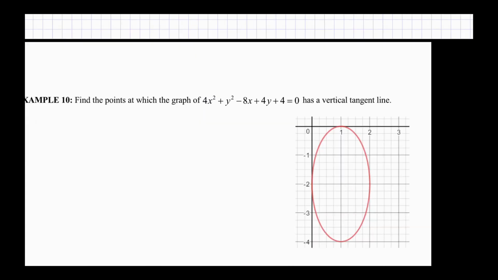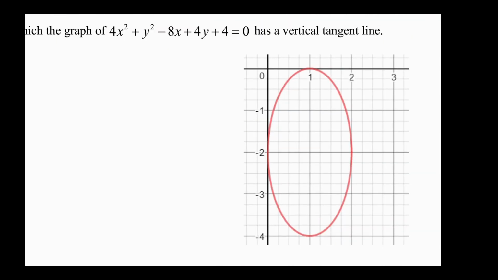We skip this one, but this one's a vertical. What do we know about vertical tangent lines? What's their slope? It's not 0. What is it? Not 1. What's the slope of a vertical line?